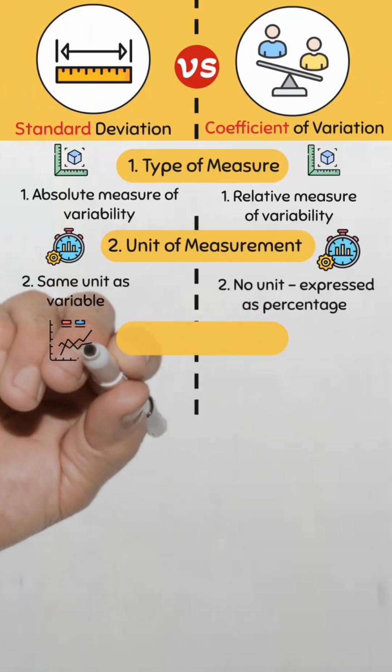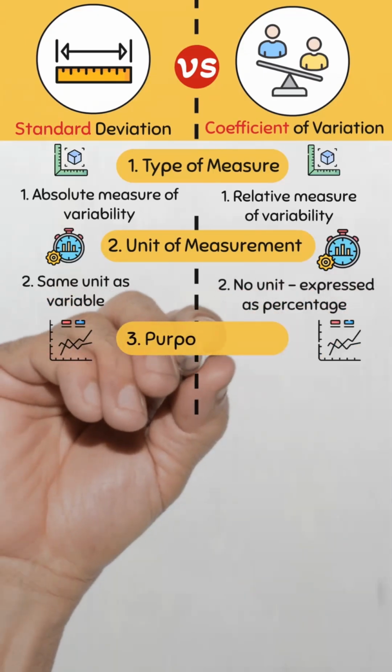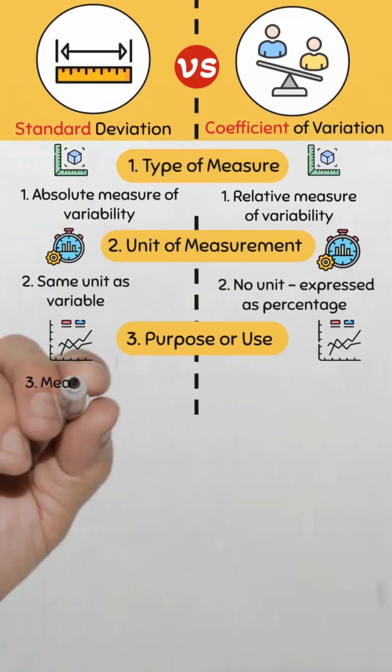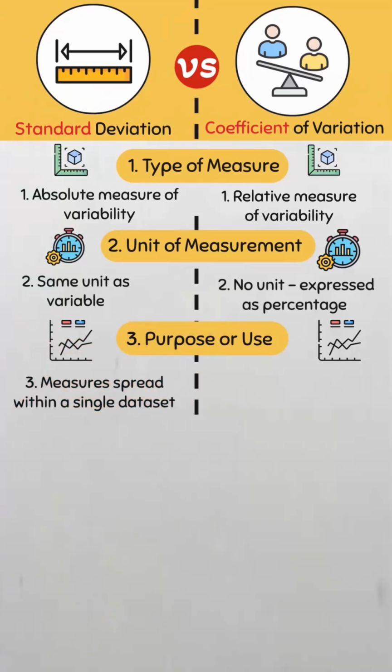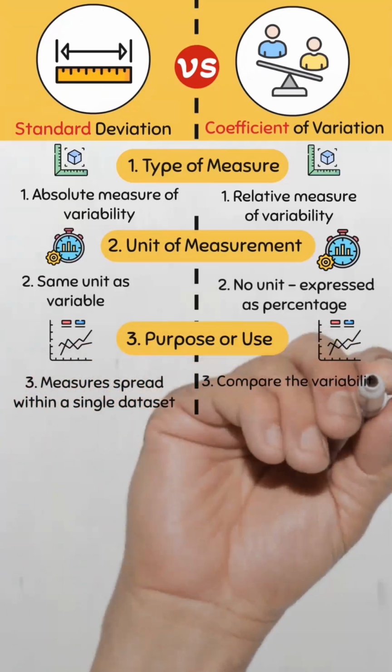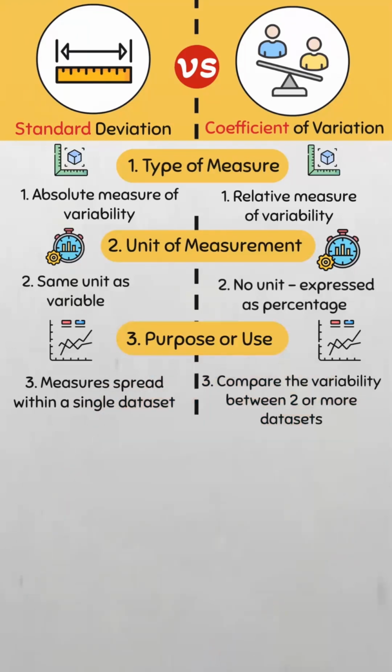Let's move to difference number three, purpose or use. Standard deviation is best for measuring the spread within a single dataset, while coefficient of variation is perfect for comparing variability between two or more datasets, especially if the averages or the units are different. So when they have different means, the coefficient of variation is perfect for comparing variability between these datasets.